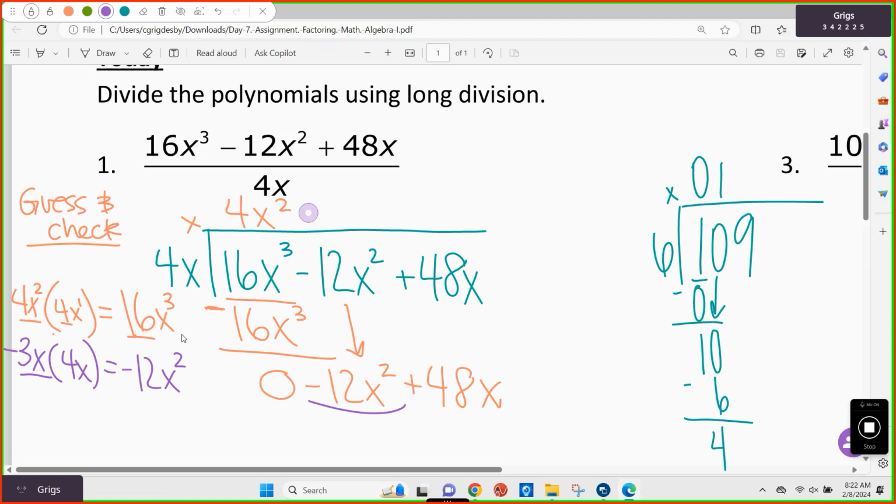So up top, I'm going to say negative 3x, because negative 3x times 4x gives me negative 12x squared. But it has to be positive. So doesn't that make it 24x? Hang tight. Division is the process of repeated subtraction. So I'm going to subtract these two terms.